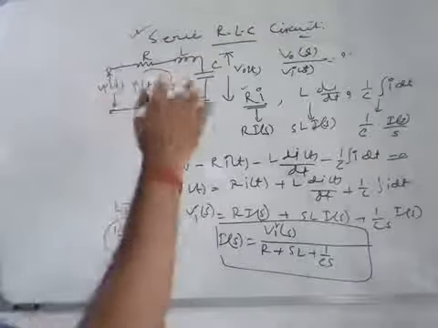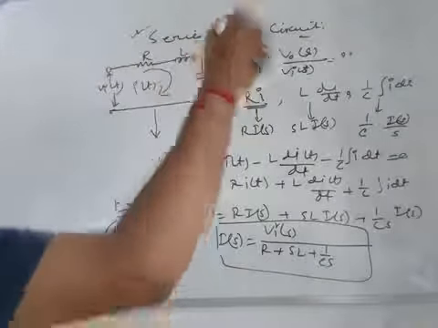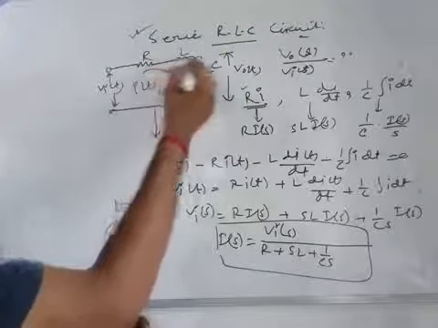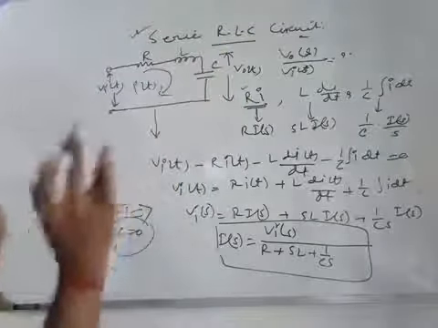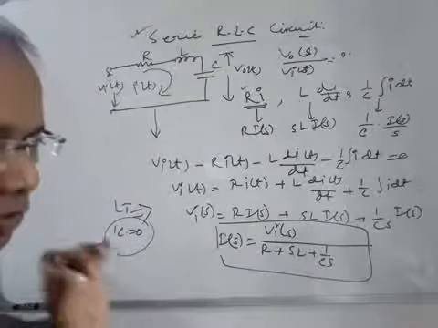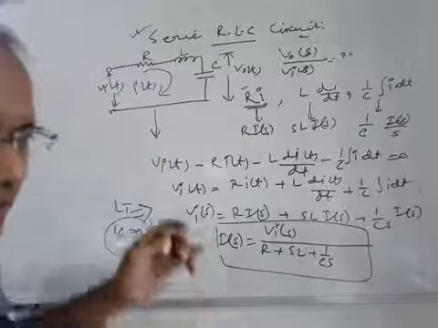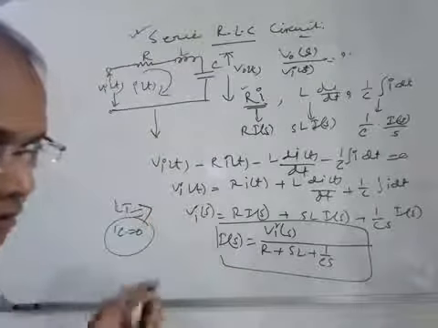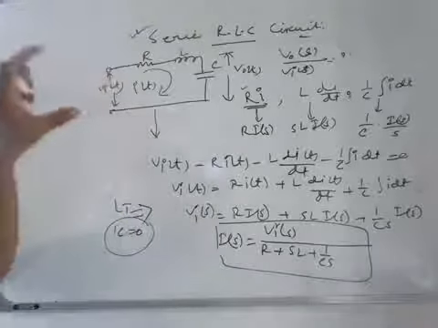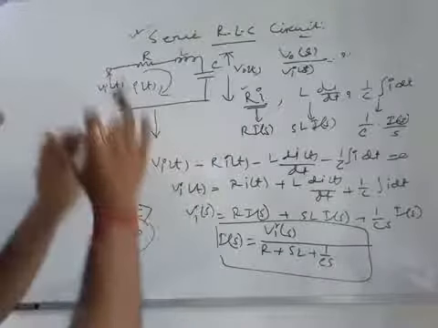I repeat this step. We are considering one series RLC circuit where this is your forcing function, this is R, this is L and C. Because the concept of this series RLC circuit is very important and will be utilized for further analogy with the mechanical system, you have to have a clear idea about this.